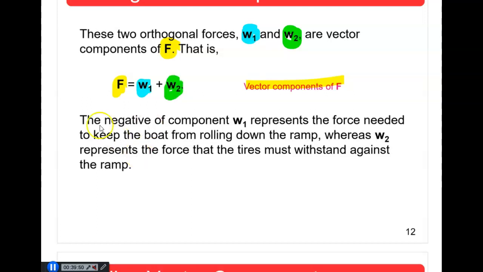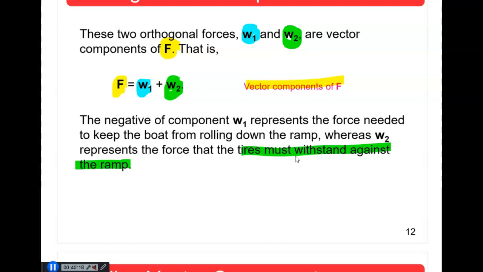We have here W sub 1 and W sub 2. The negative of component W sub 1 represents the force needed to keep the boat from rolling down the ramp, whereas W sub 2 represents the force that the tires must withstand against the ramp. So that's a nice explanation.